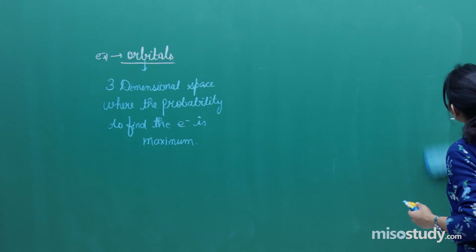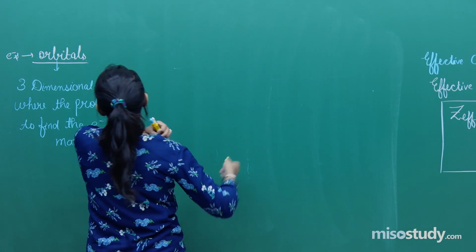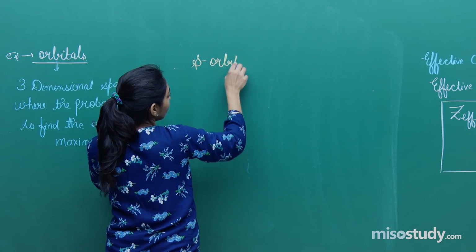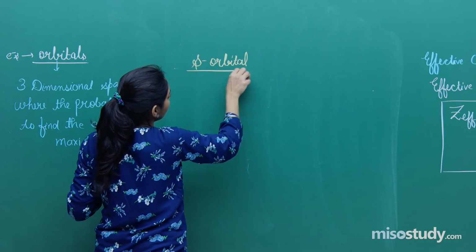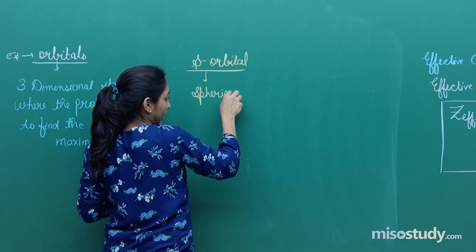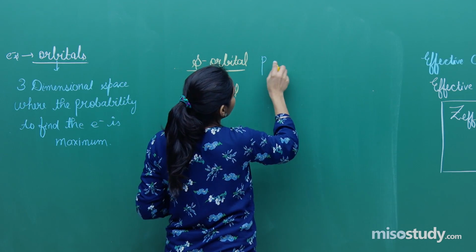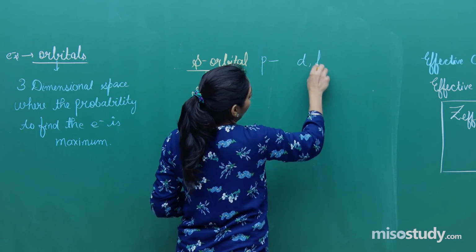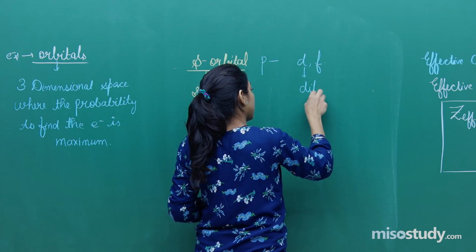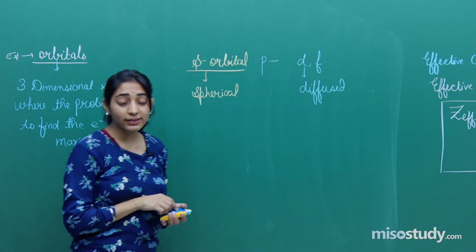And from the discussion that we had in the previous chapter on atomic structure, we know that there are different kinds of orbitals present. We have the s orbital, which is basically spherical. Then we have the p orbital, the d orbital and the f orbital. I told you this d actually stands for diffused. Right? So see, listen carefully.